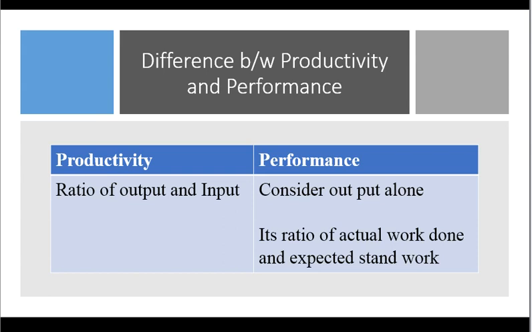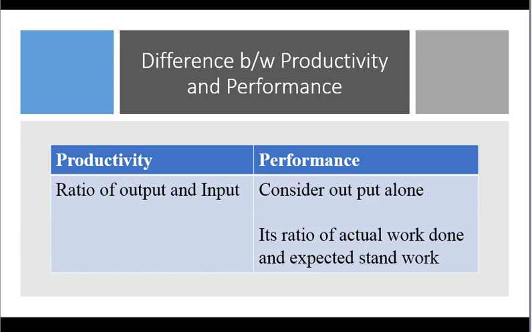Okay, so it deals with the output alone. Performance deals with the output alone, as mentioned in this slide. So here Pulsar 220 performance is more, we say, only considering the output. We know that the fuel consumption is more in Pulsar compared to the Splendor bike, but that is not considered in the performance measurement.